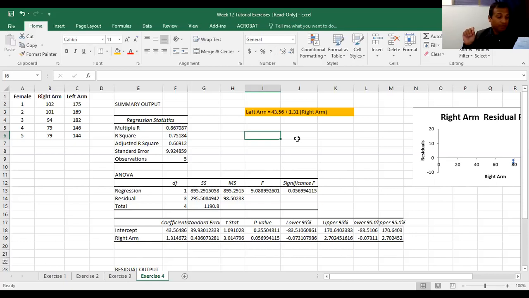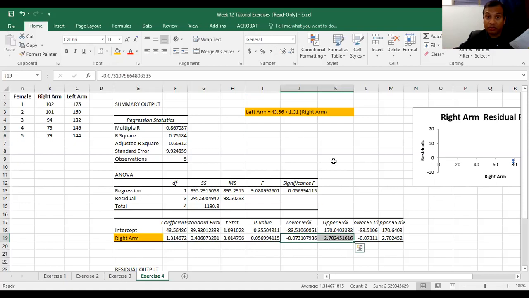What is the 95% confidence interval for the slope parameter? Again, where is the slope? Over here. This is the slope, right arm. So what is the interval here? These two. Let me make it closer. What interval do you get? This is the interval where the slope lies, minus 0.7 to 2.7.